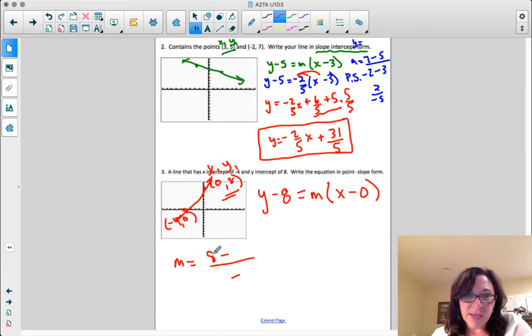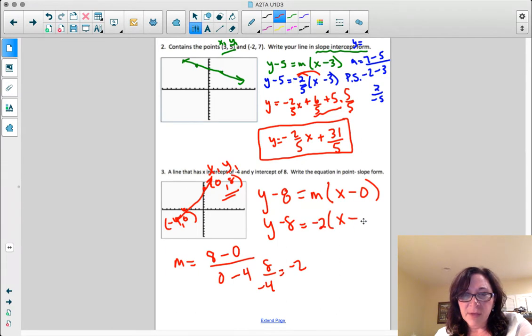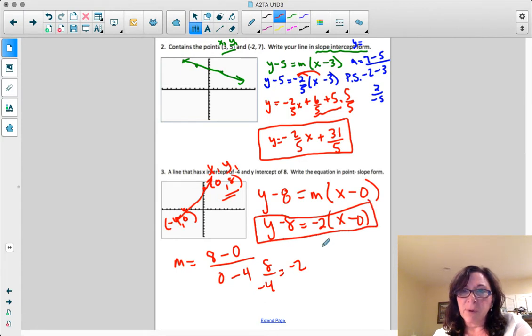So that's going to be 8 minus 0 over 0 minus 4. So that's 8 over negative 4, which means my slope is negative 2. So my equation is going to be y minus 8 equals negative 2 times x minus 0. And this right here is in point slope form.